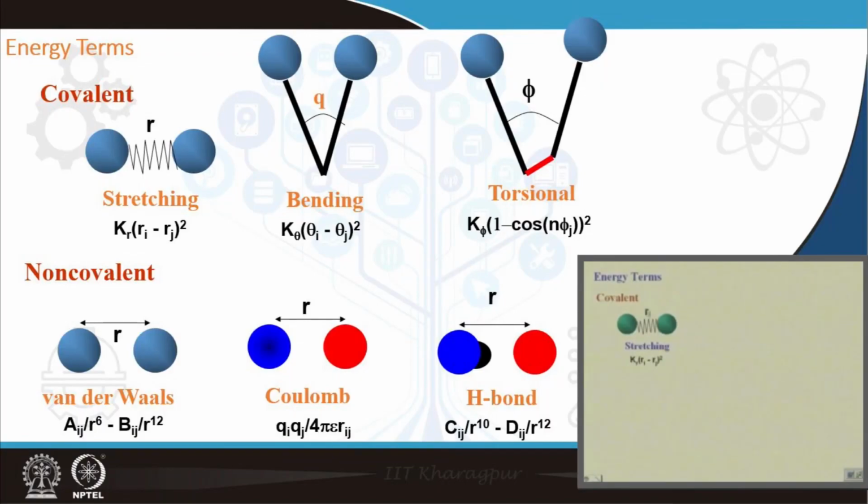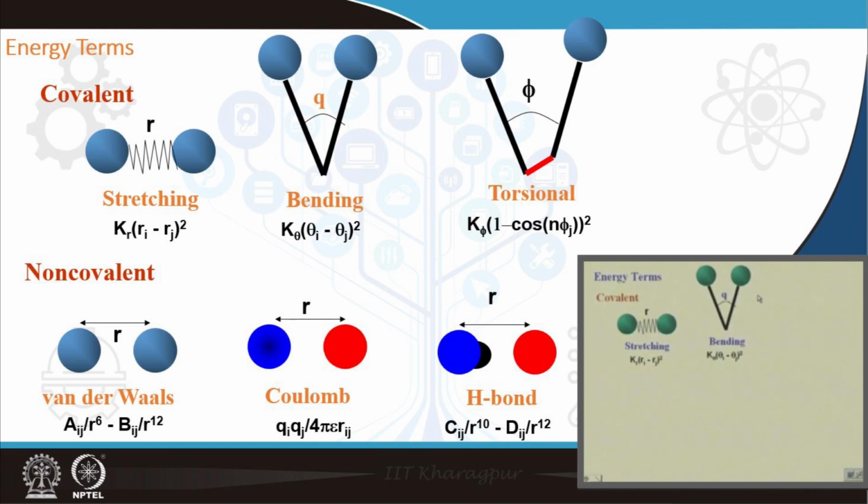So what do we have in our covalent terms? Our bond is going to give us an energetic contribution to the total energy in the form of Hooke's law. What do we have for the angles? We have a bending term that is going to contribute to the energy also.